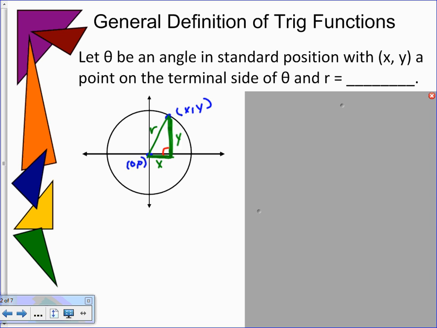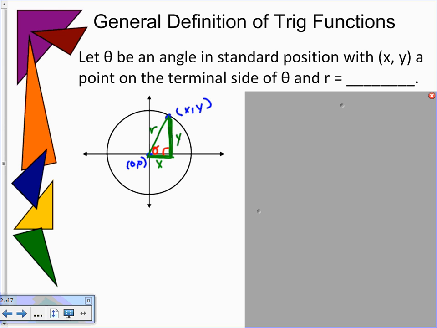So my R is part of my terminal side. So I could label theta right there. And when we're working on these problems, theta in our triangle will always be right around the origin, because then that fits the definition of the standard position angle.